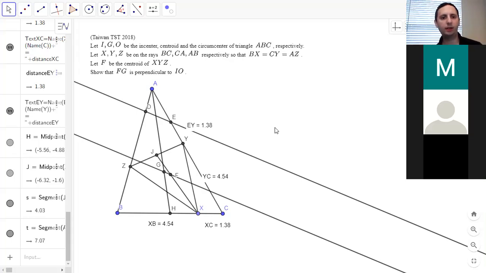We want to show that DE is a scalar multiple of the vector GF. G is 2/3 of the way from A to H, and H is the average of B and C, and F is 2/3 of the way from X to J, and J is the average of Y and Z.